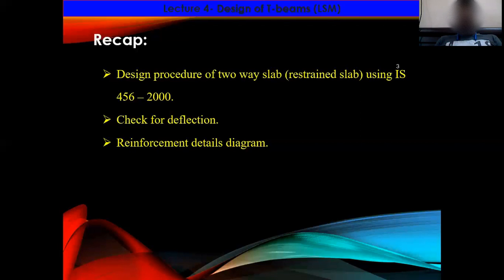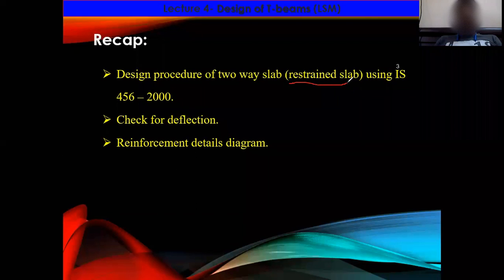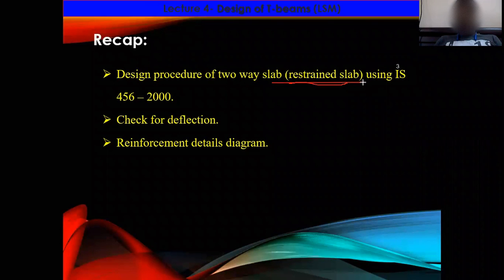And one more thing I missed, that is torsion reinforcement, because here it is a restrained slab. Right? Restrained slab means you need to provide the torsion reinforcement. Torsion reinforcement is provided where the support is discontinuous.